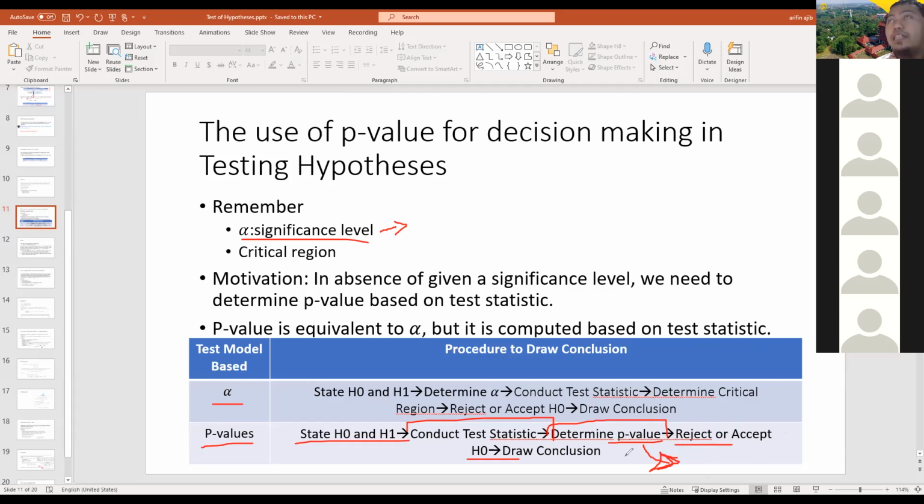Umumnya kalau menggunakan p-value ini tidak ditanyakan basisnya, dasarnya ya expert judgment. Okay, any question? Is that clear or not, or still confusing?